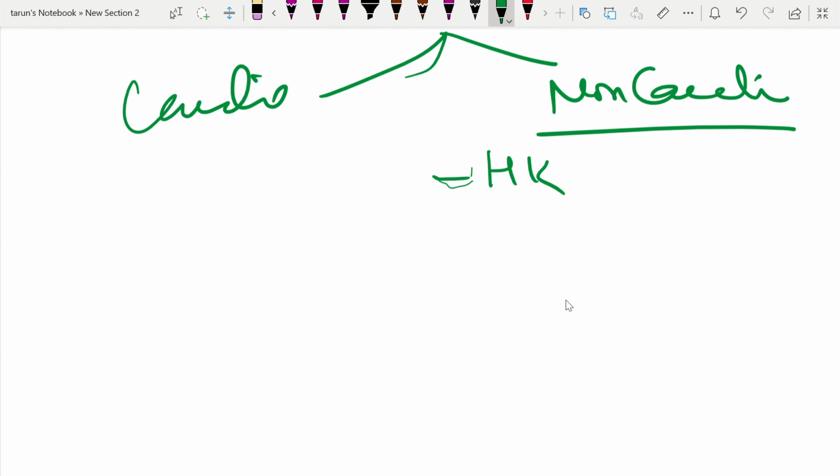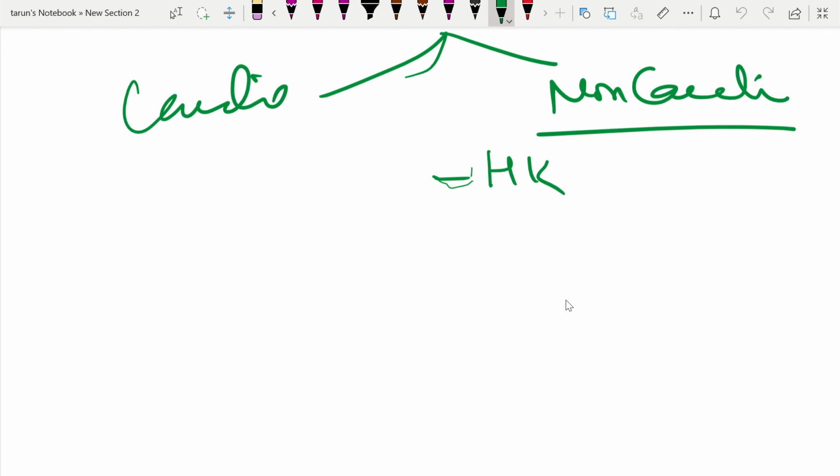palpitations. Then drug-induced, like sympathomimetics; salbutamol can cause it, atropine can cause palpitation, nifedipine can cause palpitations. Then non-organic causes like excessive smoking and alcohol. Then cardiac neurosis, hysteria, cardiac anxiety states.